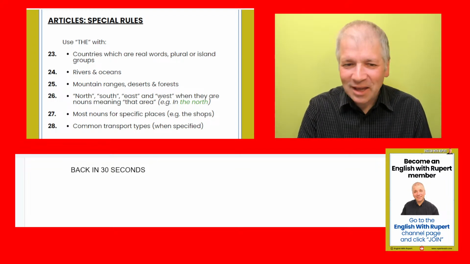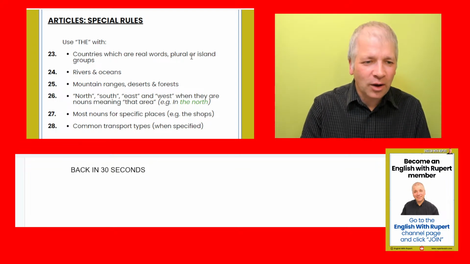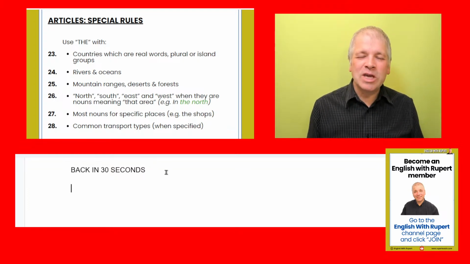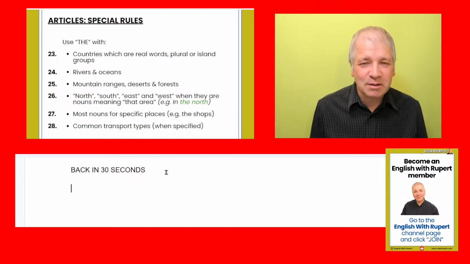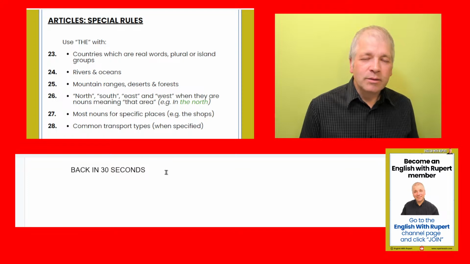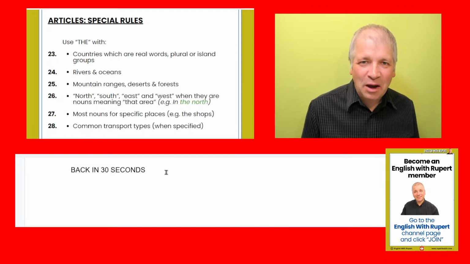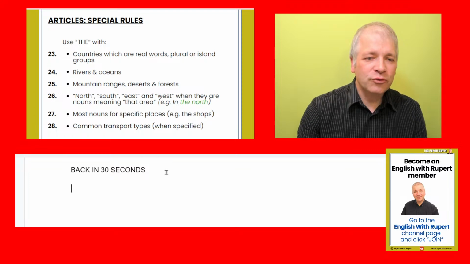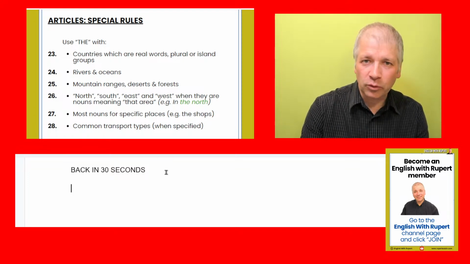Okay, welcome back. So we're going on to articles and special rules. Sometimes we use the for particular reasons instead of using zero article. I'm going to go through these quite quickly because I've covered them on my channel a few times. So we use the with countries which are real words, plural, or island groups.